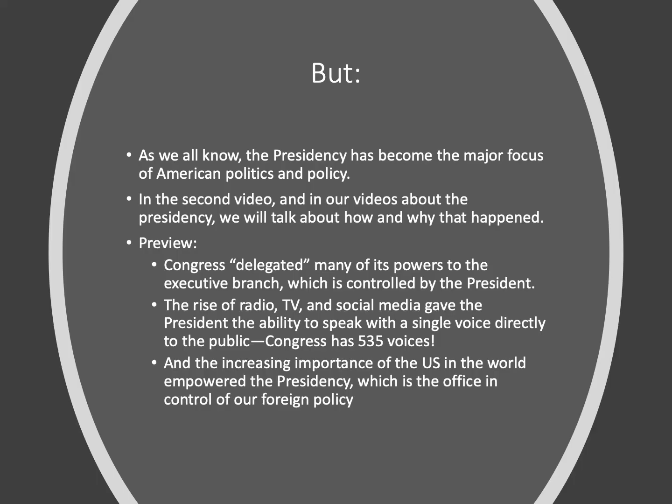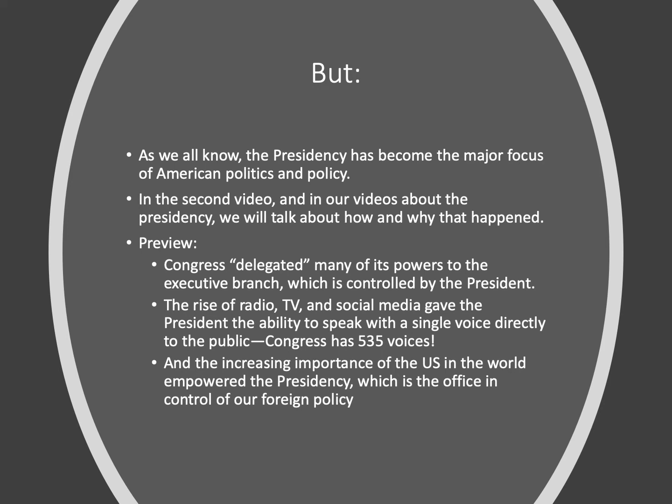But, as we're foreshadowing what we're going to talk about when we discuss the politics in the next video and when we talk about the presidency, as a reality, just a political fact of life, the presidency has gradually become the major institution of governance in this country. We all look to the president. What's the president going to do? What legislation is the president going to propose? Well, think about it. The president is the one who's supposed to execute the laws, not make the laws. So why do we look to the president for legislation?